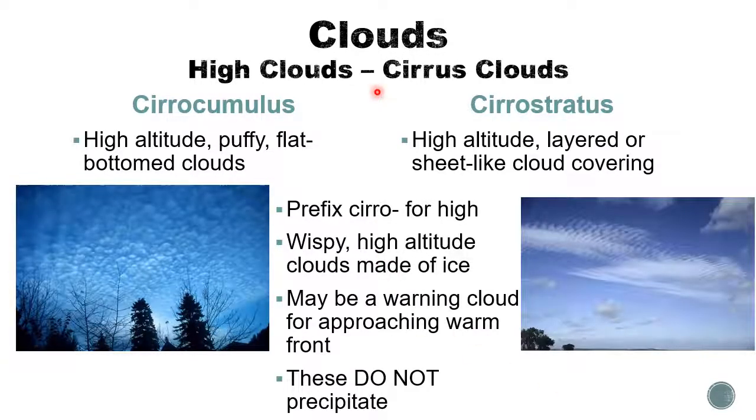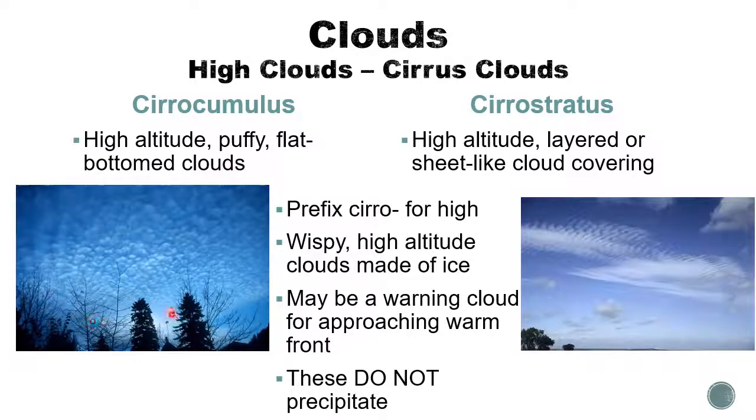Our high clouds, or our cirrus clouds, our prefix cirro literally means high. These are all of our wispy high altitude clouds made of ice. So we have our cirrocumulus: cirro for high, cumulus for our puffy flat-bottomed clouds.